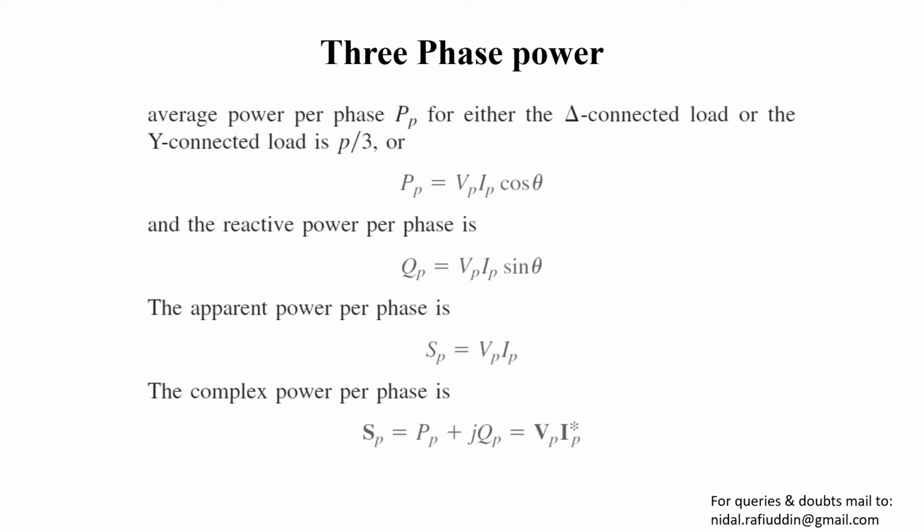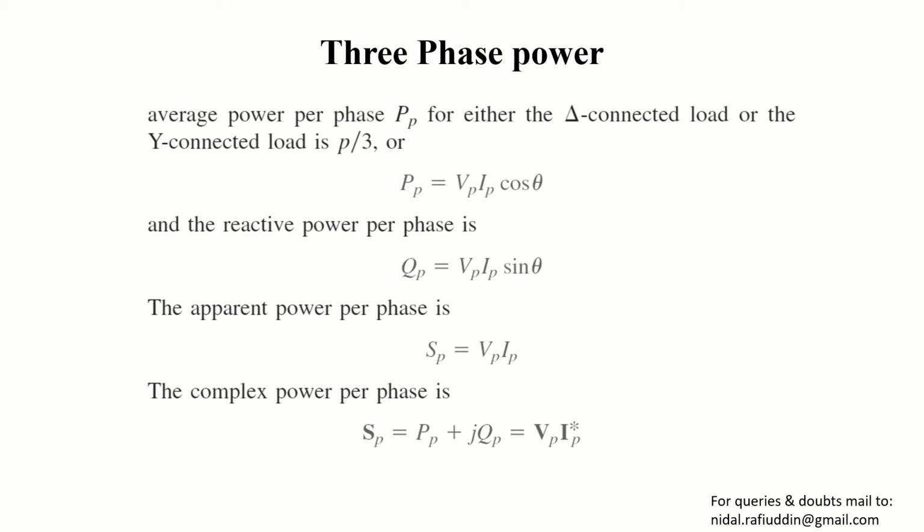While if the load becomes unbalanced, the power consumed in each phase will not be P by 3, rather something different, and that will have to be evaluated. We are not going to talk about the unbalanced system, because students from an electrical background will study it in higher years.